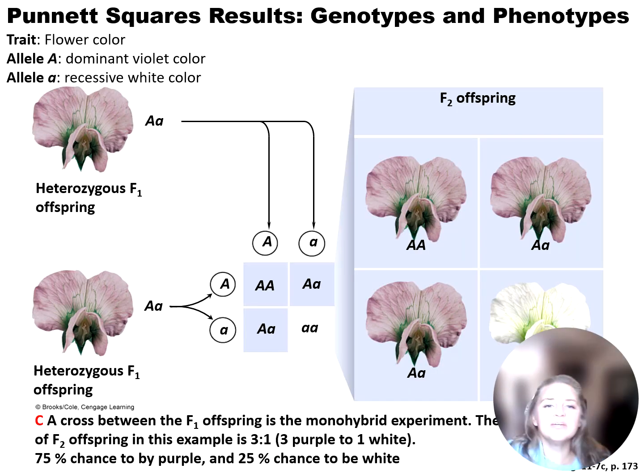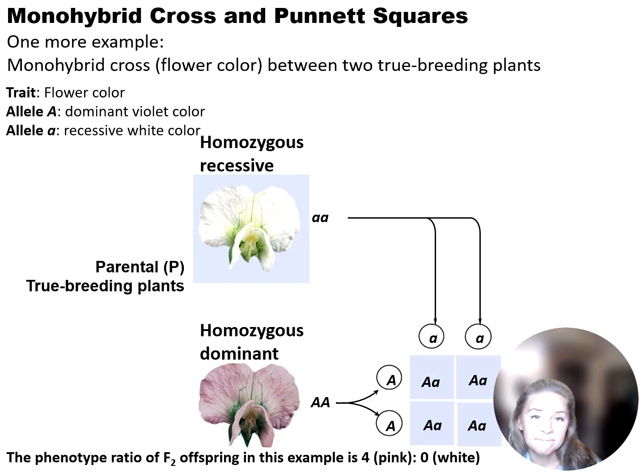Here is another example, crossing two heterozygotes, showing what we just showed on the previous slide. So you would end up with 3 purple flowers and 1 white flower. This one, looking at monohybrid crosses, so crossing a homozygous dominant with a homozygous recessive, you would end up with 4 heterozygotes, which all would express the dominant trait.